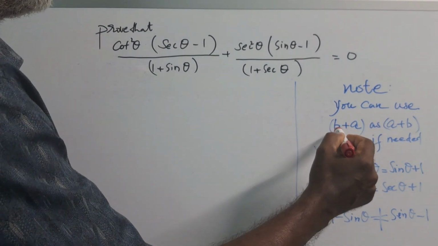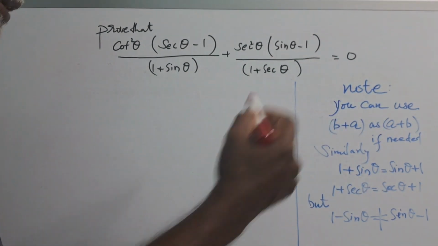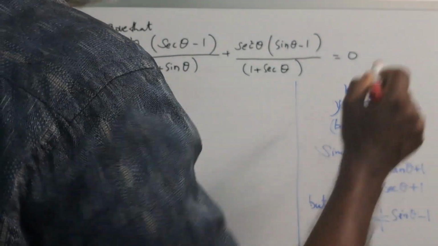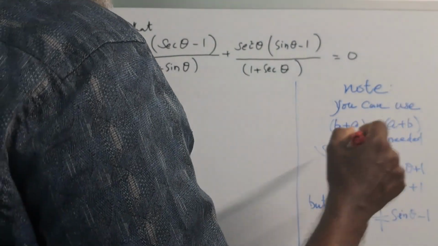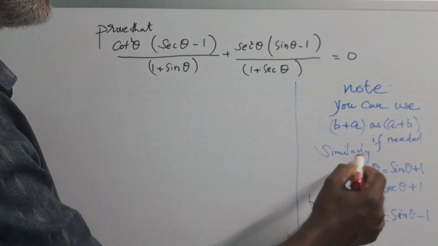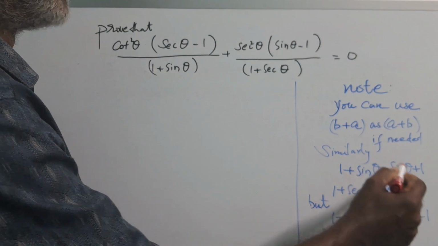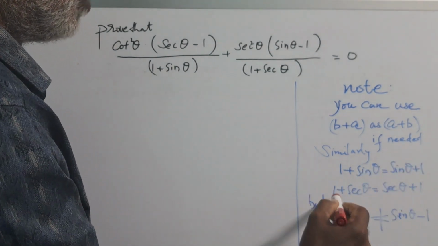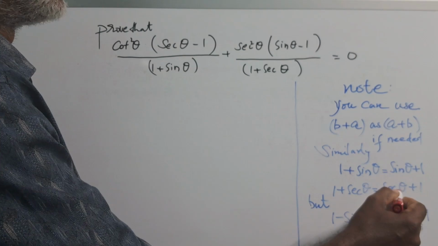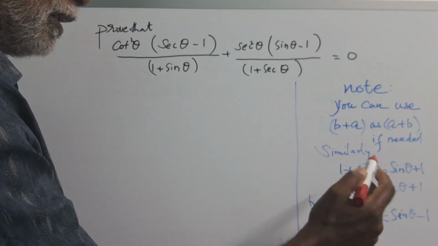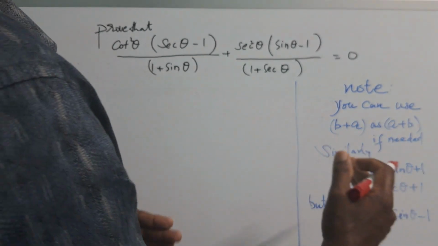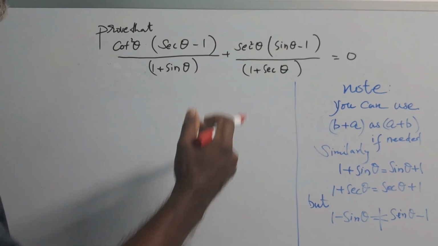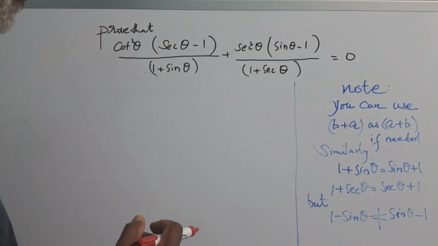If it is b plus a, you can write a plus b if needed. In the same way, 1 plus sin theta can be expressed as sin theta plus 1. 1 plus sec theta can be expressed as sec theta plus 1. This depends on the question and the steps in the answer.